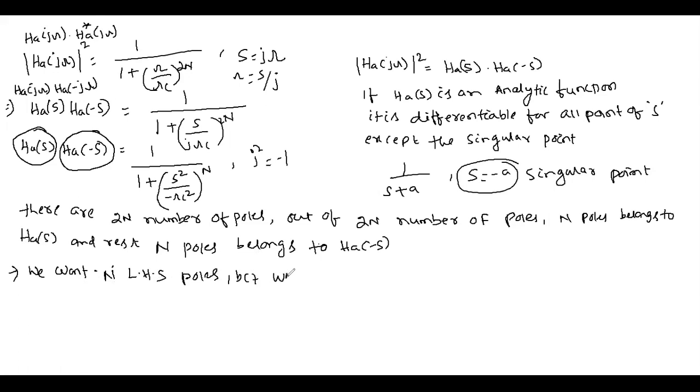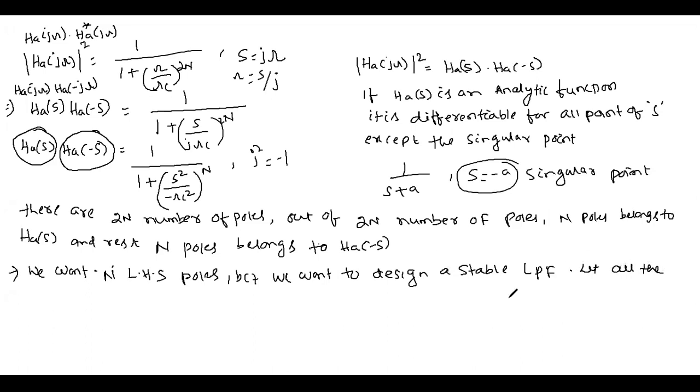We want left hand side poles because we want to design a stable low pass filter. There is no doubt.